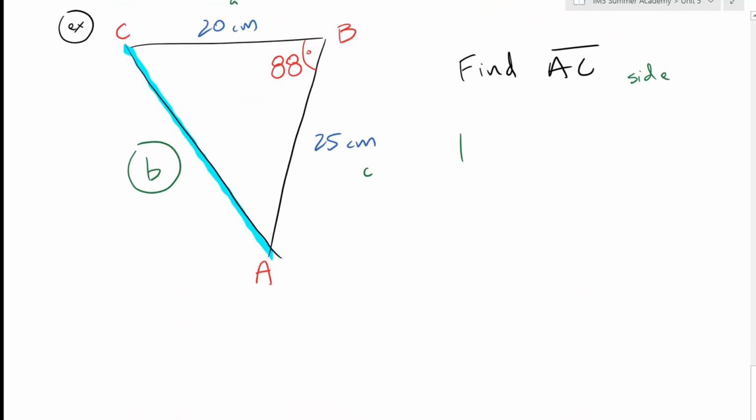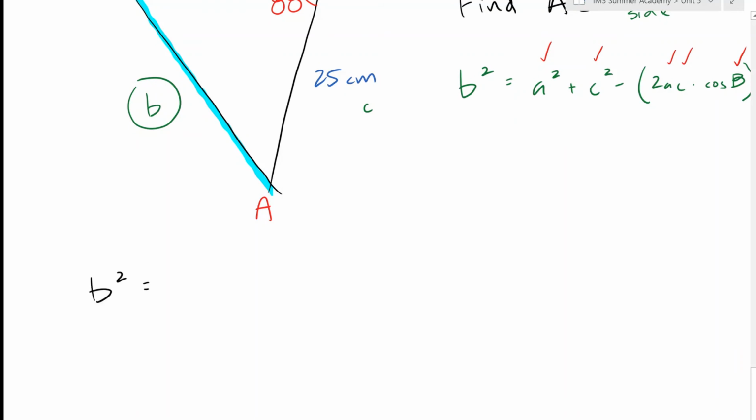So finding little b is b squared equals a squared plus c squared minus 2ac times the cosine of big B. Let's see. Do I have little a? Yeah. Little c? Yeah. Big B, yep. I have everything we need. Let's plug it in.